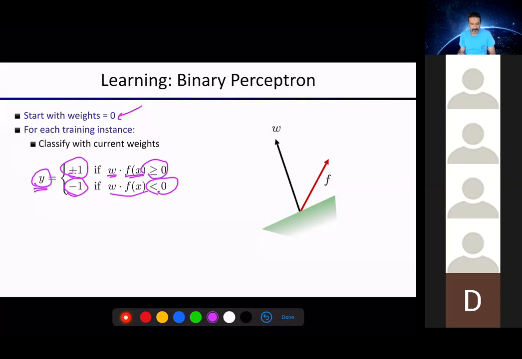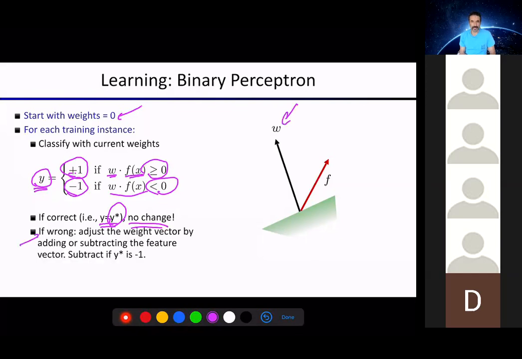And in this iteration, if the current weight for this particular example makes the correct decision, and Y star represents the correct label for this example, then we do not need to make any changes to this W. But if for this particular example the decision is incorrect, we need to adjust the weight, meaning that we need to change the weight, move toward the direction that next time, hopefully, there's no guarantee for this, but hopefully for this particular example, it makes the correct decision.